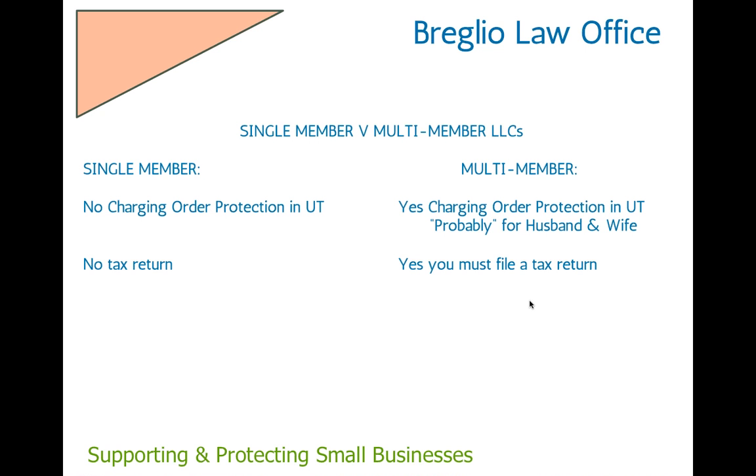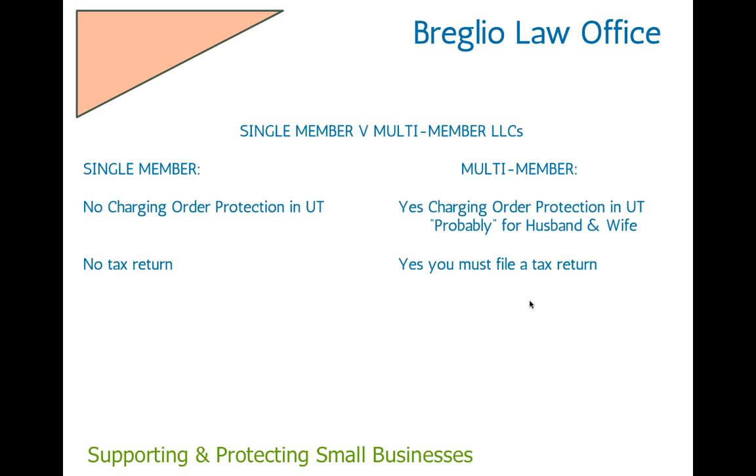It doesn't say anything about it. And in Utah, for tax purposes, the IRS considers a husband and wife partners. So any of you that have LLCs and it's you and your spouse as the two members, you should be doing a partnership tax return, issuing K-1s to each the husband and the wife. And you want to be doing that.